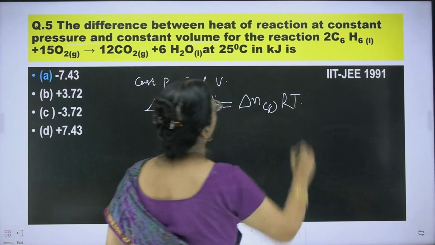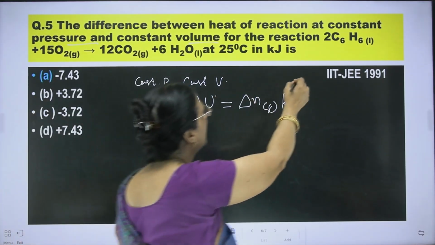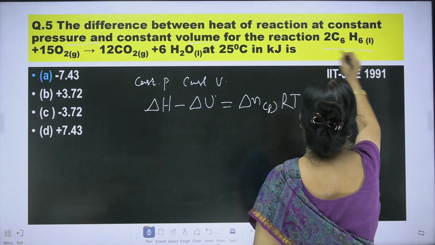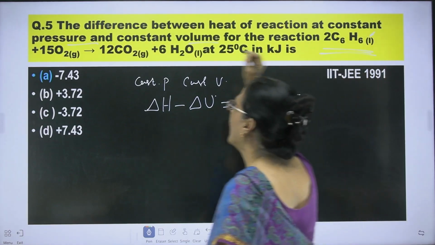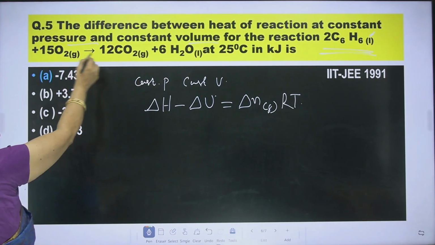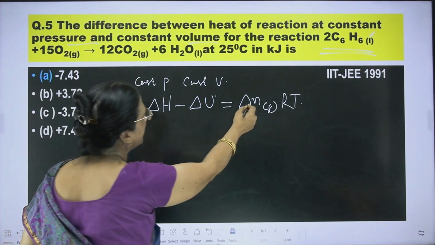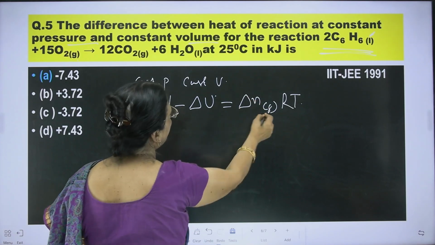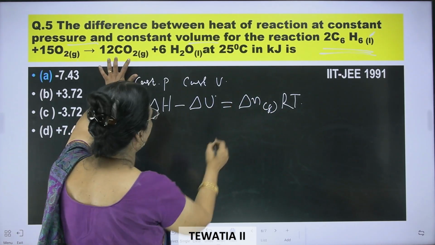Clear? And what reaction is given? Here you see, benzene liquid has been taken, 2 mole of benzene, in the liquid form. Clear? And here 15 oxygen gas, it is gas. And this is gas. Clear? Del Ng means the mole difference of the gaseous products and reactants.